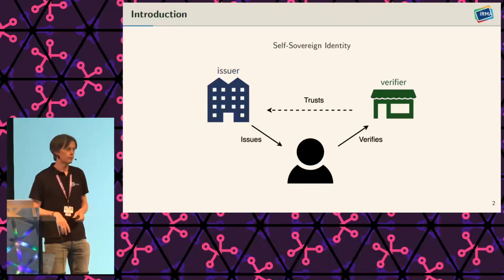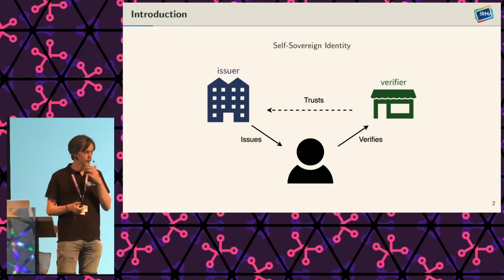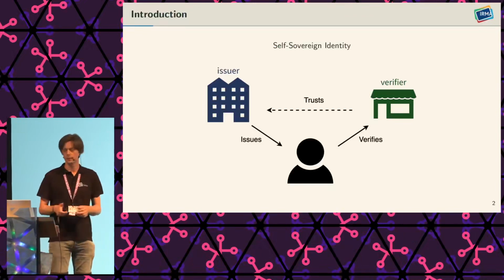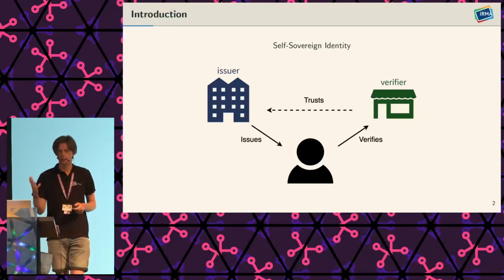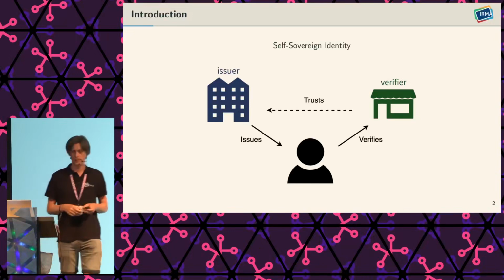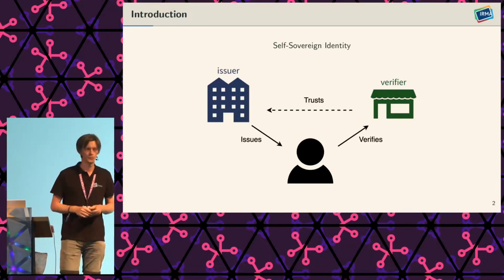Perhaps it's a web shop, but it could be physical as well, like here. It could be basically anything. So the user wants to authenticate herself at the verifier, perhaps to convince the verifier that she has a diploma of sorts. It could be anything.